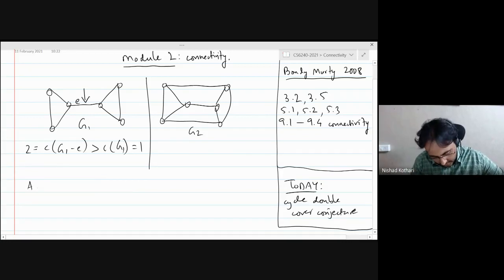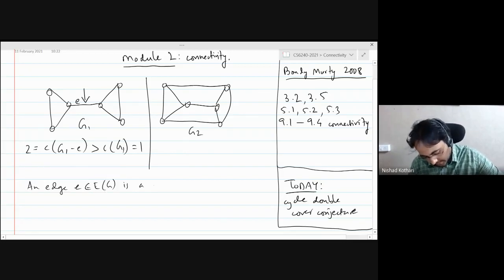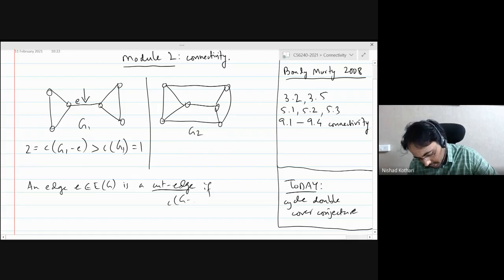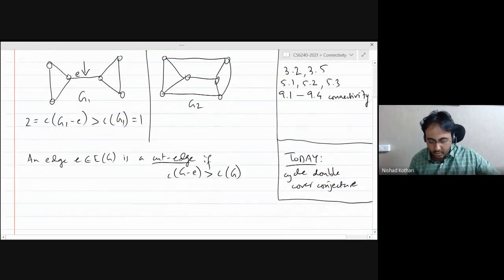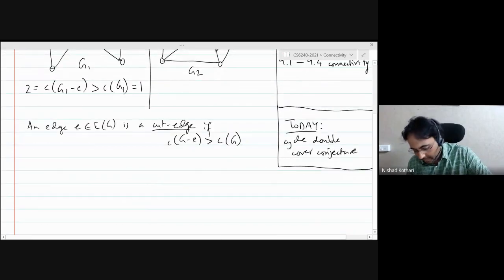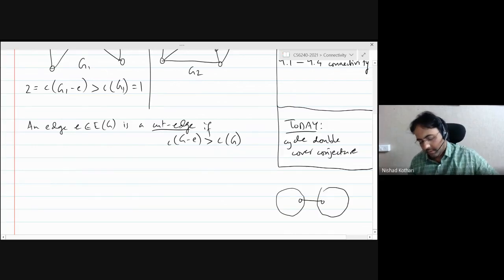And so that brings us to our first definition. An edge E of a graph G is a cut edge if the number of components in G minus E is greater than the number of components in G itself. Now you can quickly see that if you remove an edge from a graph, the number of components will go up by exactly 1.